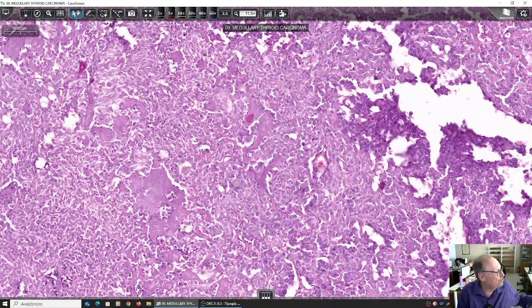It will not express thyroglobulin by immunohistochemistry, but it will express neuroendocrine immunomarkers as well as calcitonin, because this tumor derives from C cells which produce calcitonin, and they belong to the neuroendocrine population.